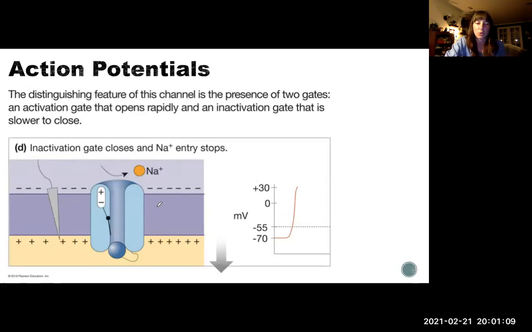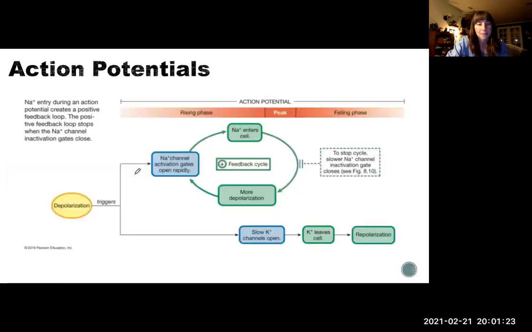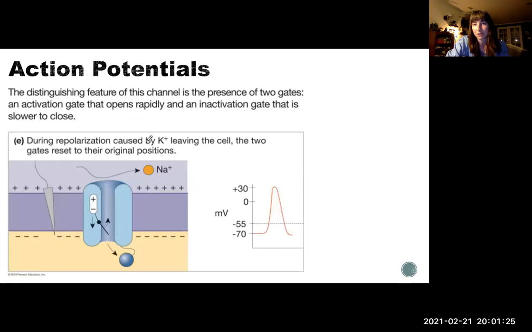We're basically holding space here for repolarization to eventually happen. This takes a little bit longer. That gate will eventually close. This one will open back up. Sodium still can't go in, but now potassium is still leaking out through other gated channels, okay?